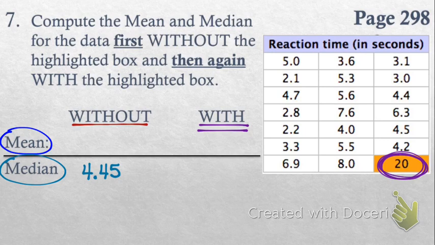So if I add up all the numbers except for that highlighted number, and I divide. You should be able to give me the whole thing. 4.605. What do you notice about these two numbers?